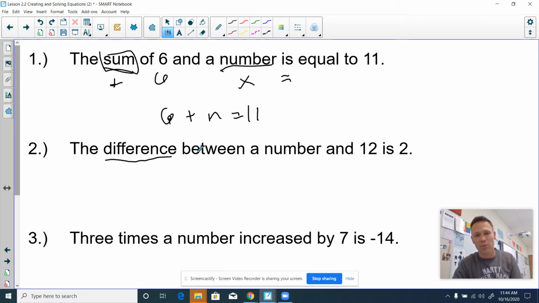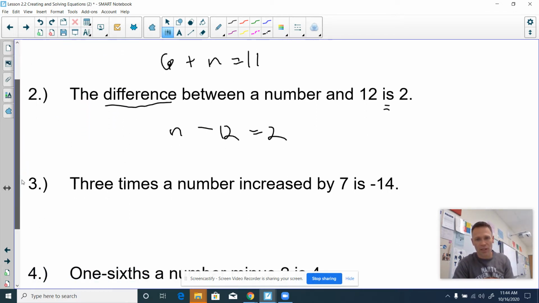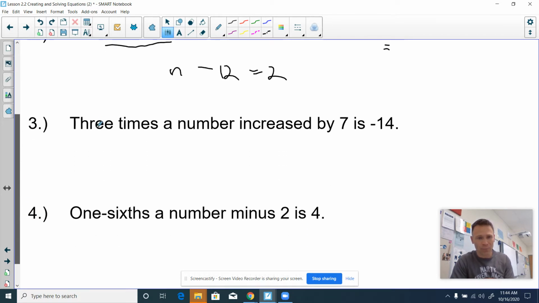So the difference between, all right, now I know I got subtraction. So what comes first? A number, n, x, whatever, and 12, and there we go, equals 2. Okay, that's the equation for that one. So just remember, when you see difference, the subtraction has to go in order.